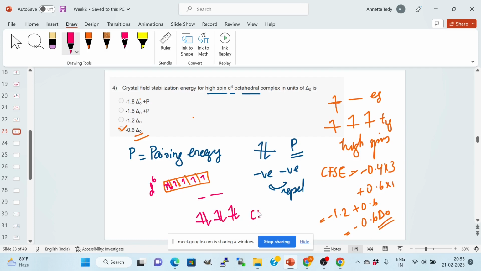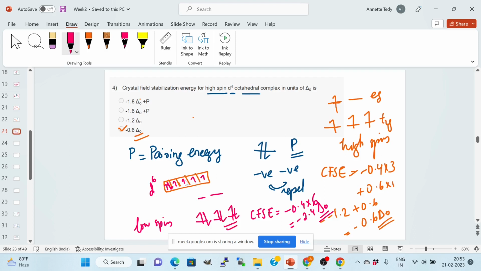For this, the CFSE will be the maximum, minus 0.4. This is for low spin. So here the CFSE will be minus 0.4 into 6, which is minus 2.4 delta O. But here there are two more pairs of electrons.